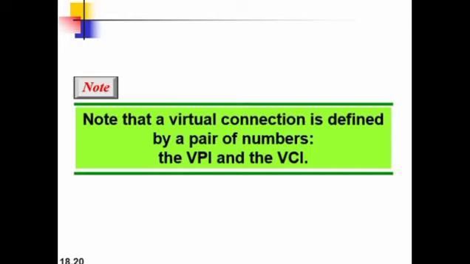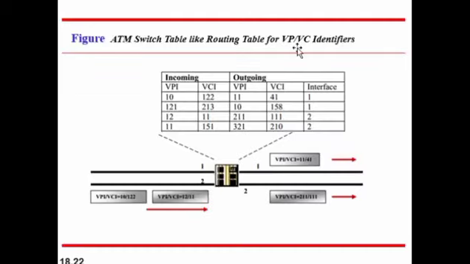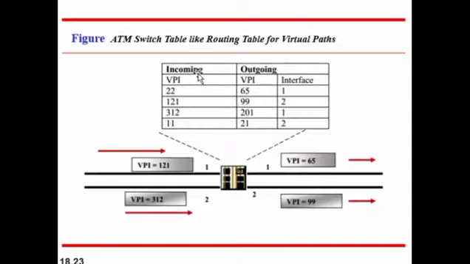Next you can see an ATM switch table, like a routing table, for virtual path or virtual circuit identifiers. These are numbers used to identify the virtual circuits or the virtual paths, both ingoing and outgoing, right? The next is an ATM switch table, like a routing table, for virtual paths. So this is the table for the virtual paths only.